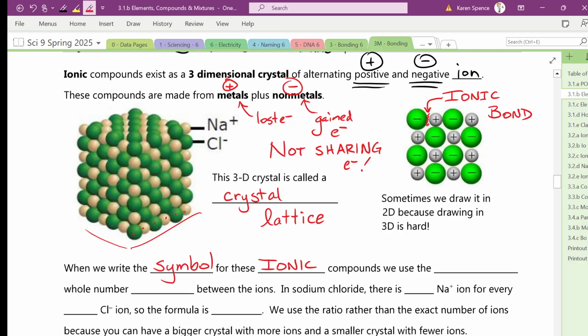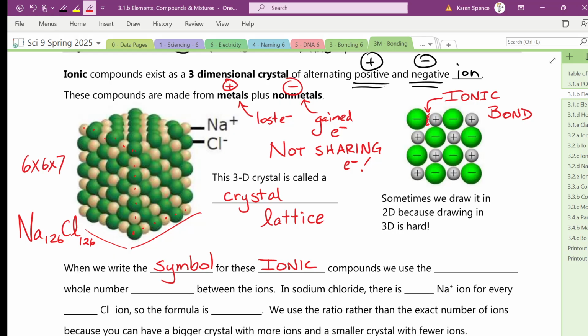I count 6 by 7 by 6. What's that? 6 times 6 times 7. 36 times 7 is 252, divided by 2, this particular crystal has 126 sodiums and it has 126 chlorides. Yes? I just did the math on it, okay?